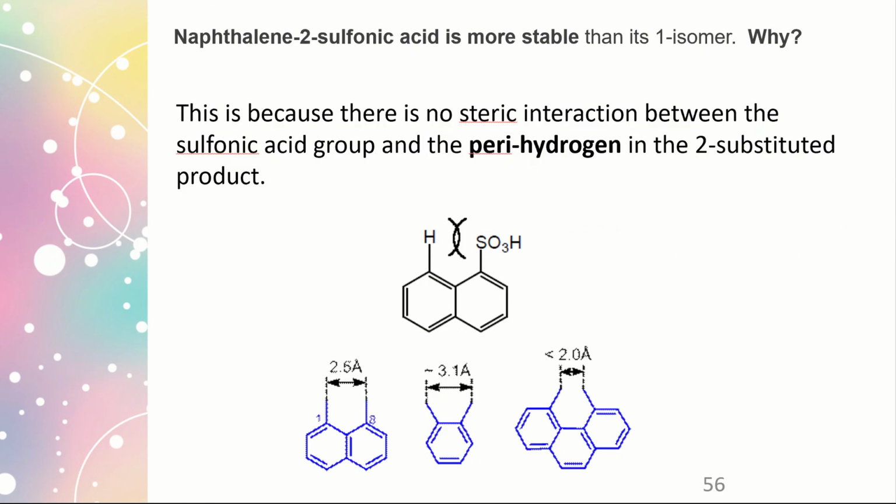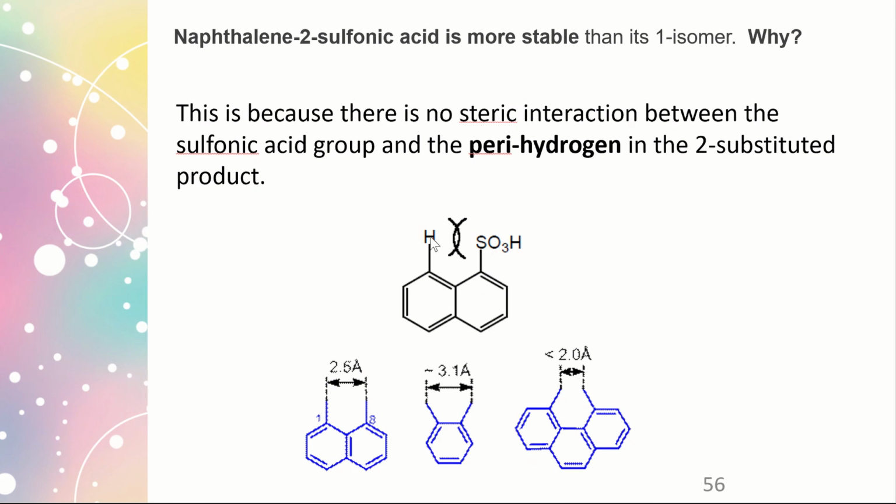And also the naphthalene 2-sulfonic acid is more stable than its 1 isomer. Why? Well, this is because there is no steric interaction between the sulfonic acid group and the peri-hydrogen in the 2-substituted product.